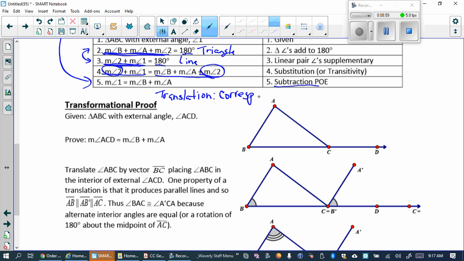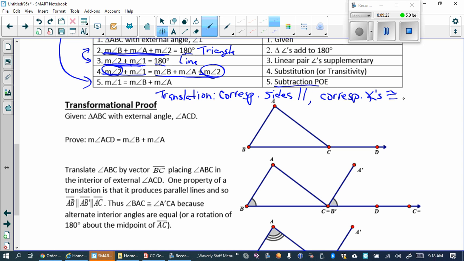Corresponding sides are congruent, but more importantly here, they're parallel. And what about corresponding angles after the translation? What are they? Congruent, okay? Remember, translations give you parallel corresponding sides, congruent, right? But parallel is important now.